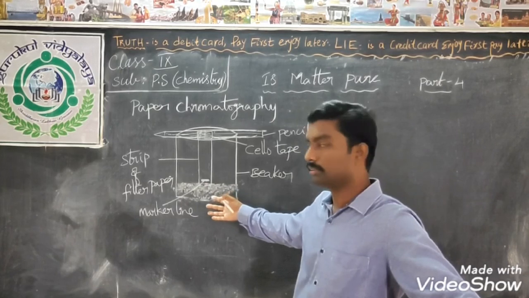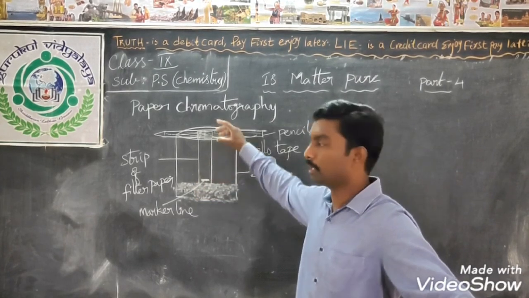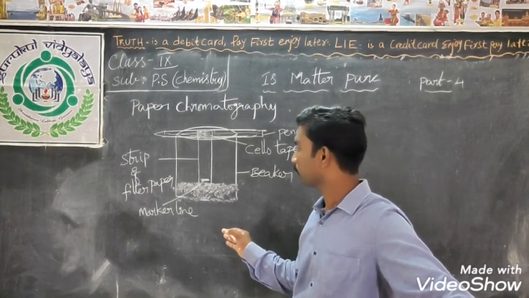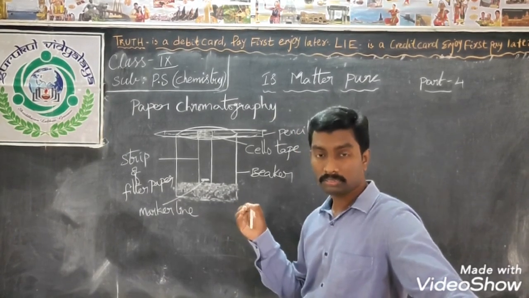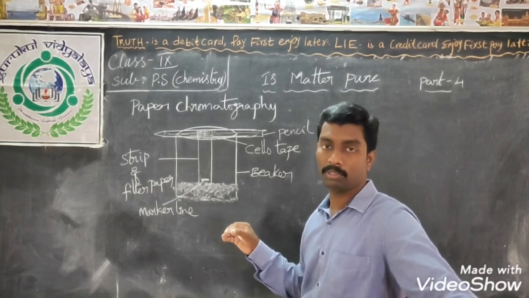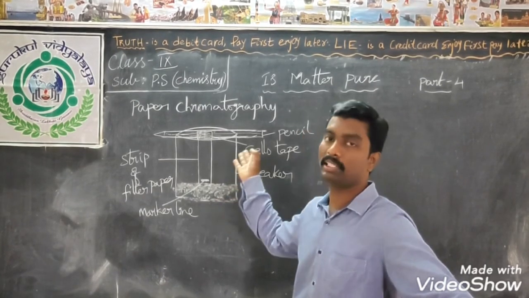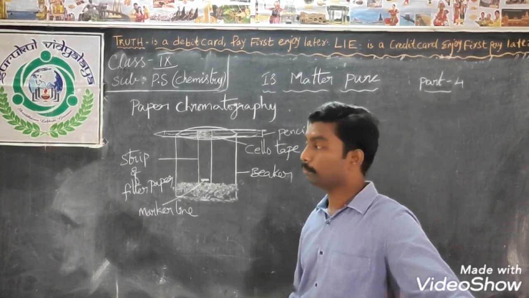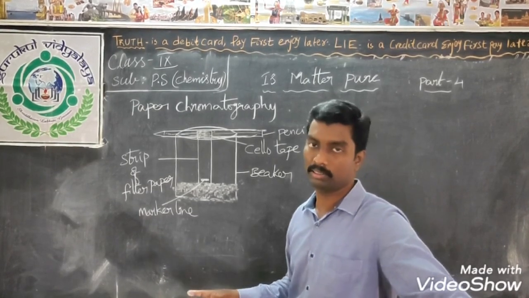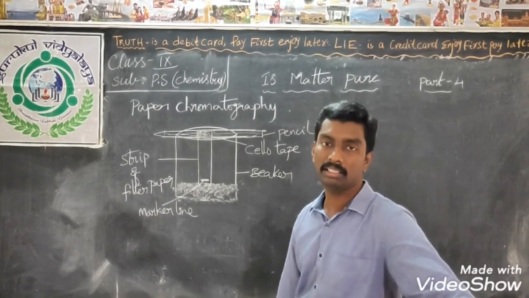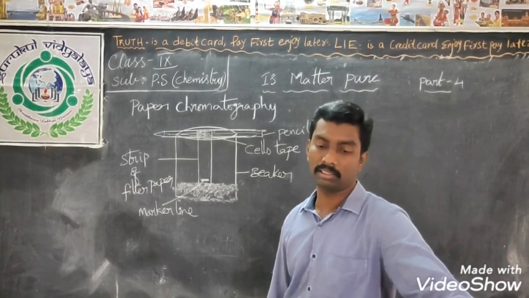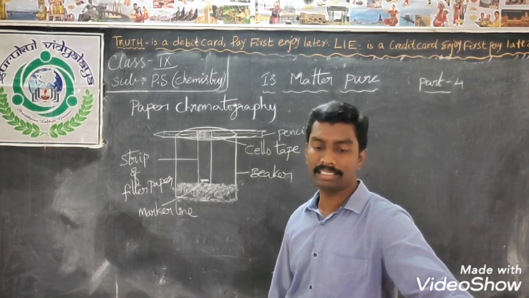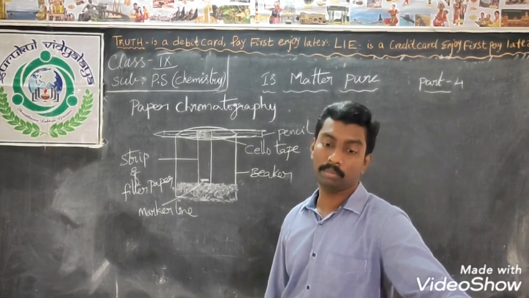Leave it for 5 minutes, remove it and let it dry. Then the ink components will be separated after drying. It will also happen like that, but there is some difference between the permanent marker and the non-permanent marker, by which we can understand how the thick line was drawn on the paper strip.